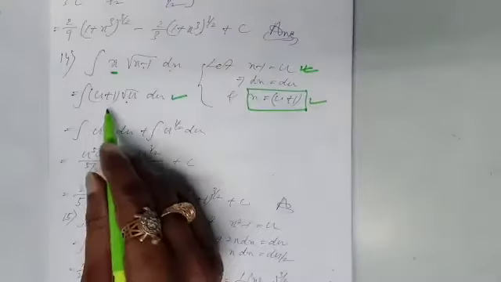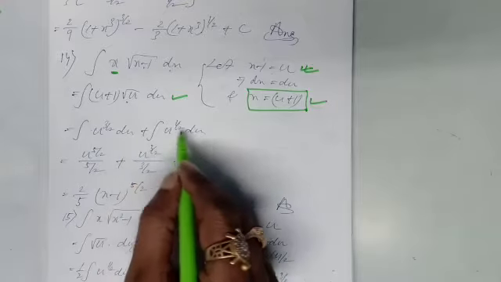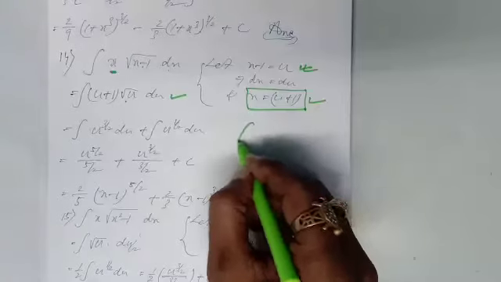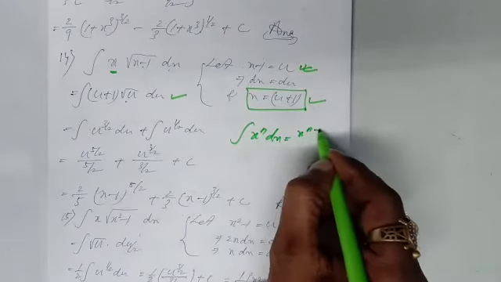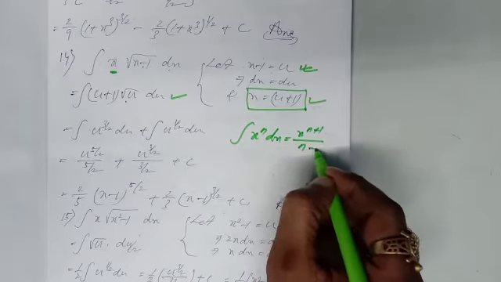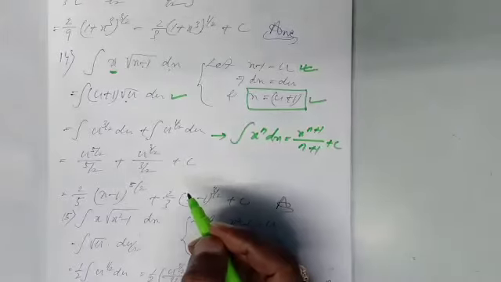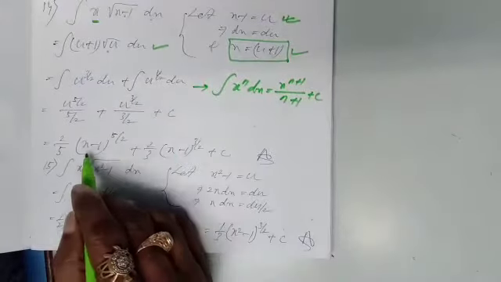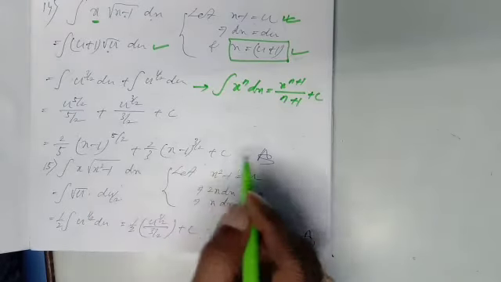What will we get here? u to the power 1 plus half, that is 3 by 2 du, plus u to the power half du. Normal formula: the formula is x to the power n dx, x to the power n plus 1 by n plus 1 plus c. I am applying this formula. The final answer is 2 by 5 x minus 1 whole to the power 5 by 2 plus 2 by 3 x minus 1 whole to the 3 by 2 plus c.